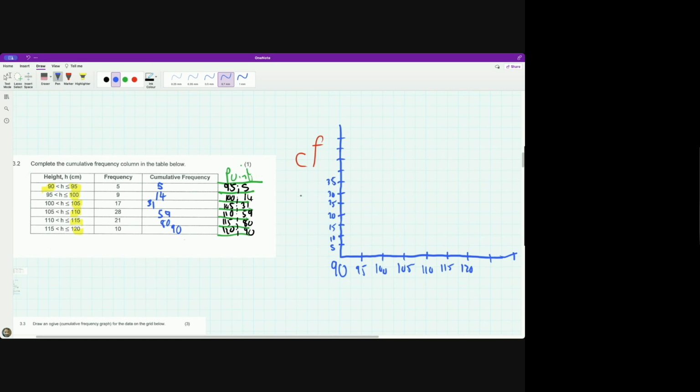Oh, I should have actually gone up in tens there. So let's rather go up in tens. That scale won't work nicely. 10, 20, 30, 70, 80, 90. And that's as high as we need to go. My very first point is going to be 95, 5. But then I remember I have to ground the ogive, so there'll be one point there. And I will give you a bit more time to do the rest.